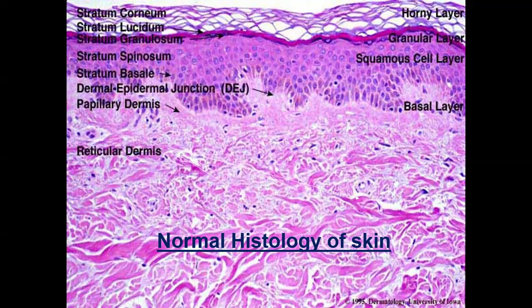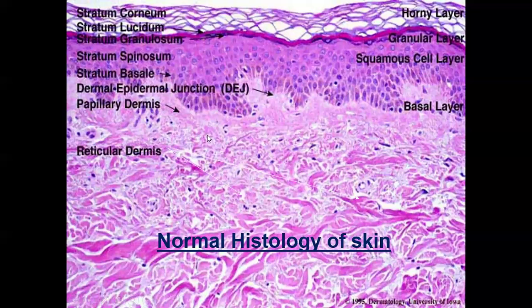This layer is significant only in the palmar and plantar skin. Then most of the bulk of the epidermis comprises stratum spinosum, or spinous cell layer. Then the lowermost layer of the epidermis is a columnar layer, which is called stratum basale, which, in addition to the keratinocytes, harbors the melanocytes.